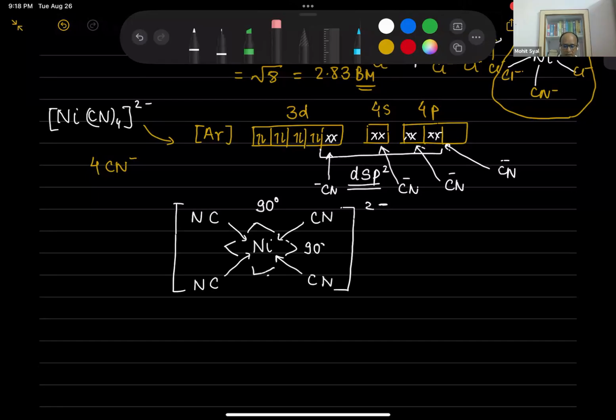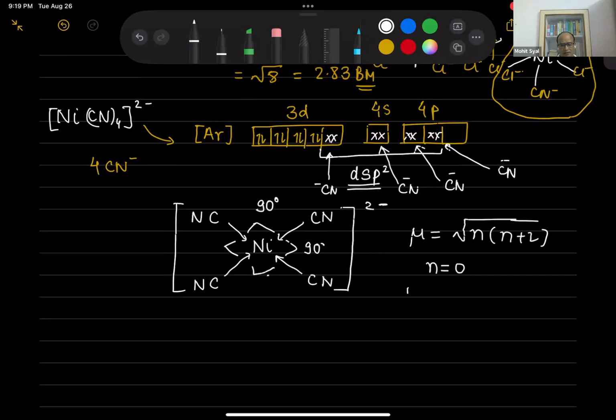So Aisha, Marwa, and Jasmine, what can you say about the magnetic moment of this complex? Diamagnetic. Yes, it is diamagnetic, and there were no unpaired electrons. n is 0, so the magnetic moment is going to be 0. Okay.